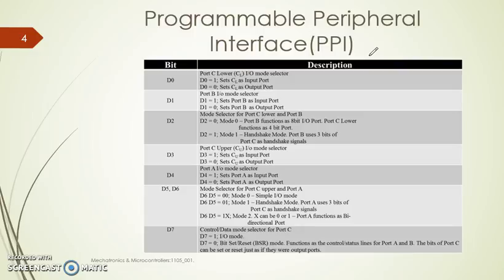Similarly, port B is used as input-output port and port C lower is used for handshake signals. Whereas in mode 2, only port A is used as bidirectional port and port C is used for handshake signals. So in this mode, port B cannot be used. Only port A is used and port C is used for handshaking signals.